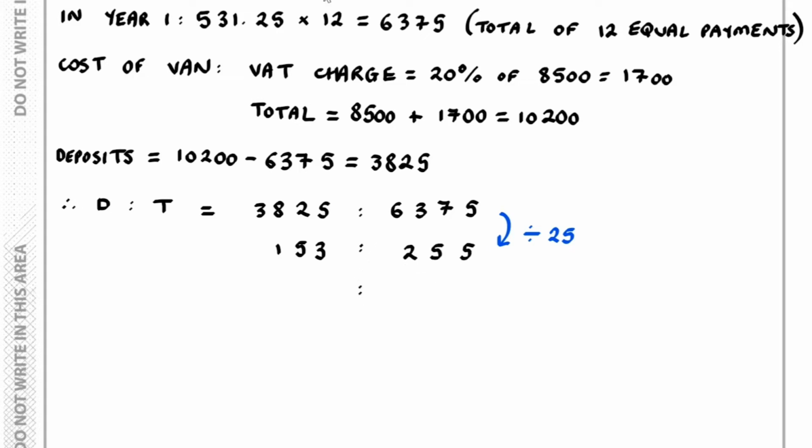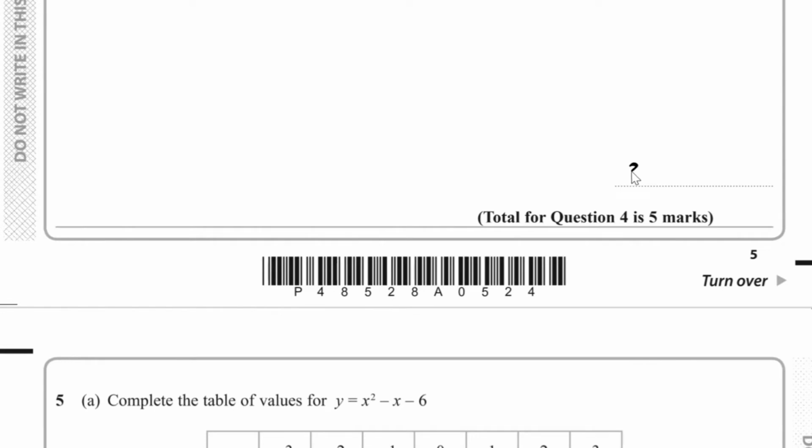And then if I divide by 51 on both sides, we end up with a ratio of 3 to 5. So we have 3 to 5 as our ratio.